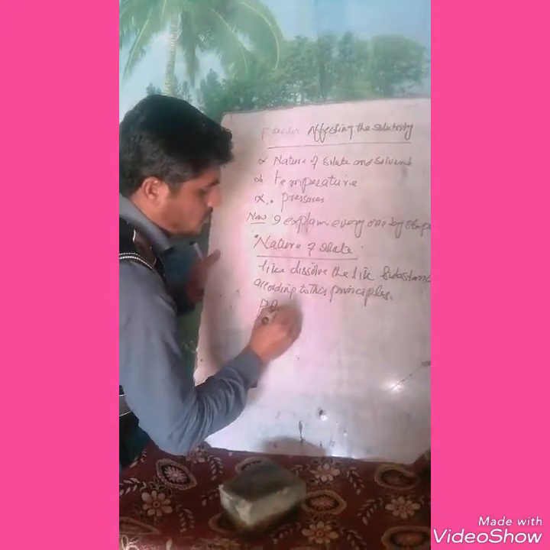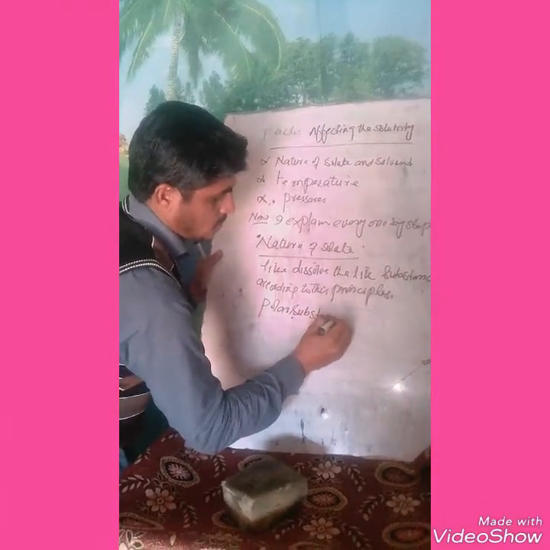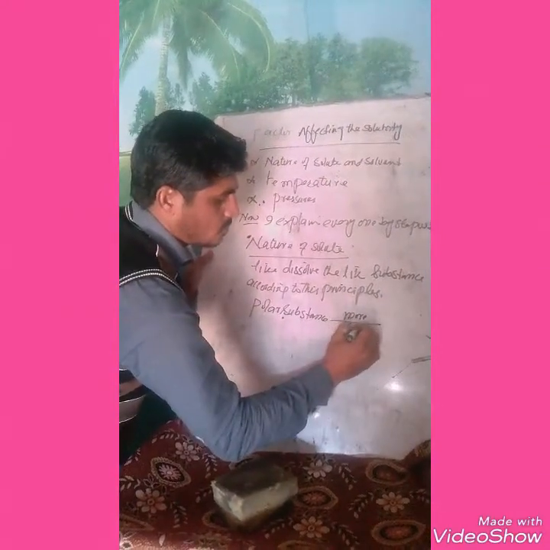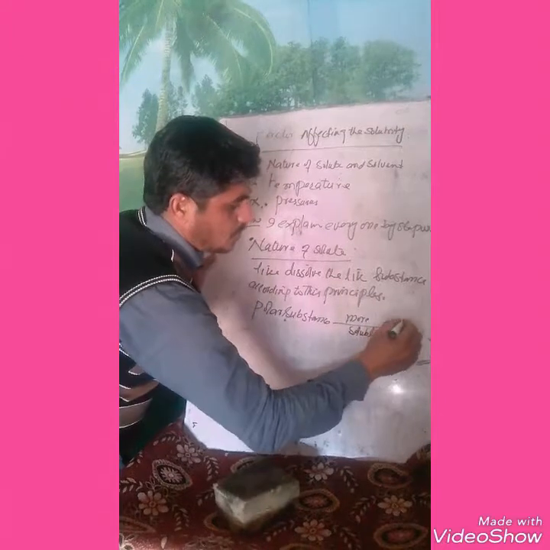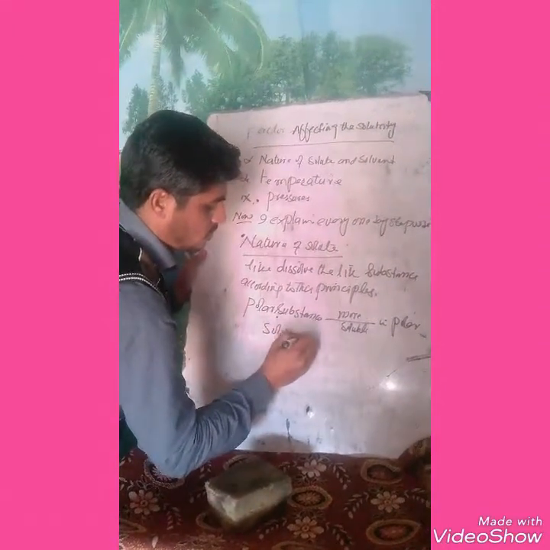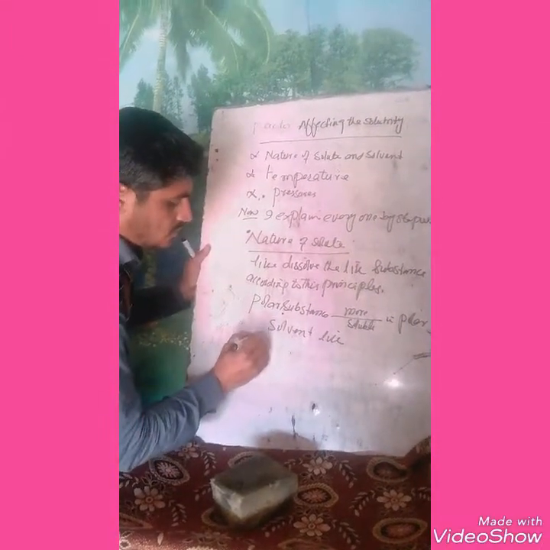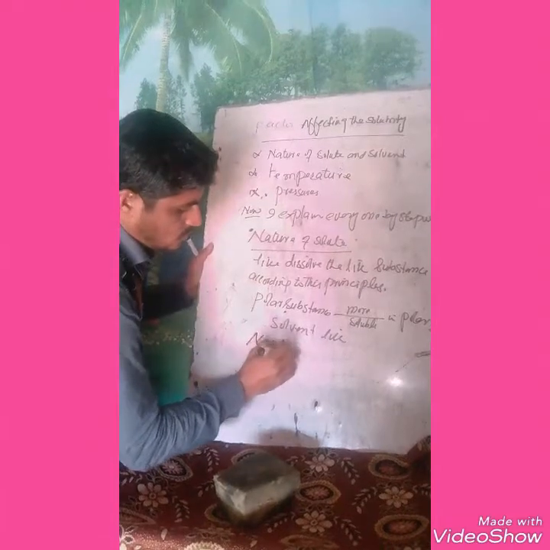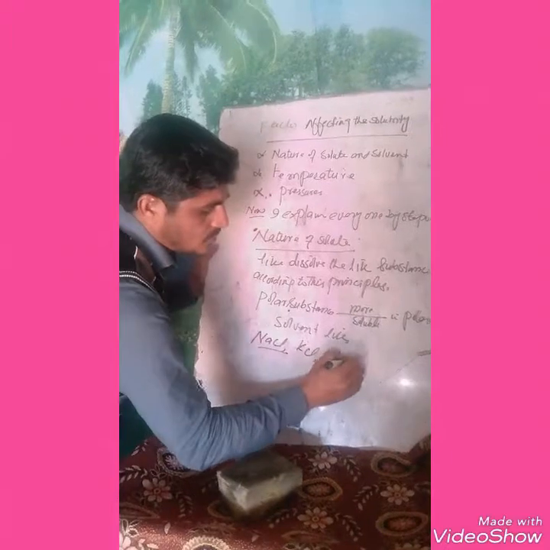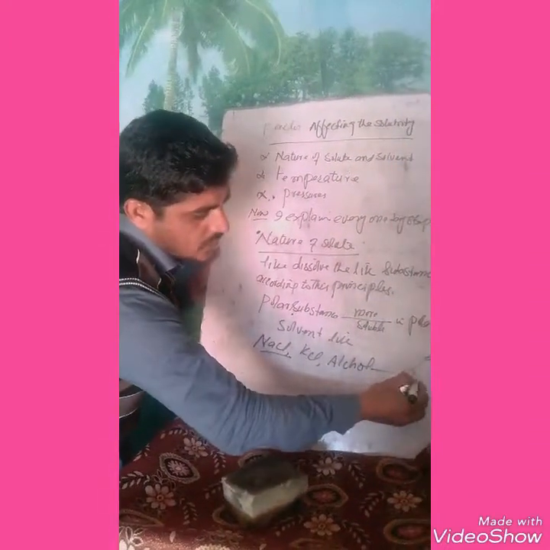Polar substances like salt, sodium chloride, potassium chloride, alcohol are more soluble in water.